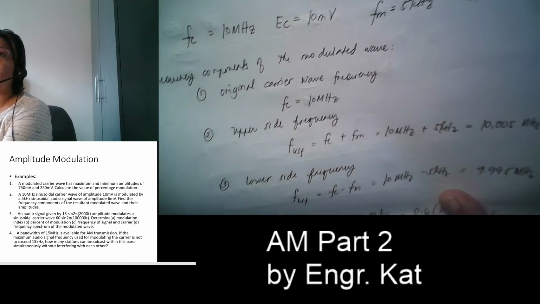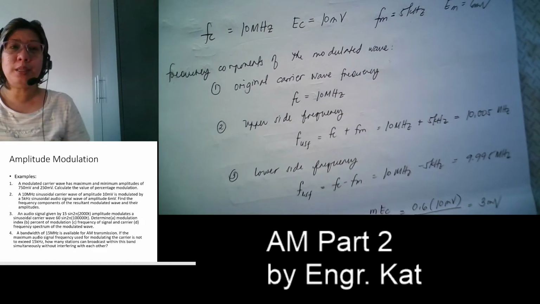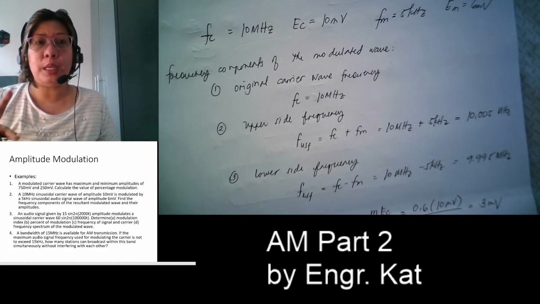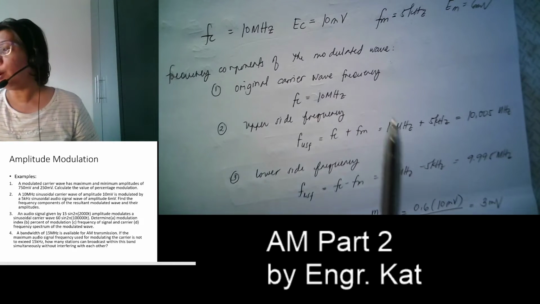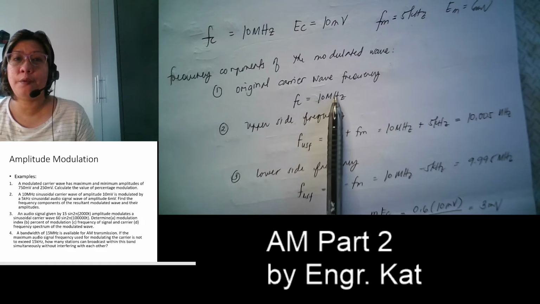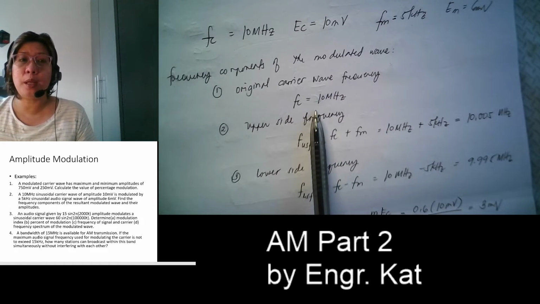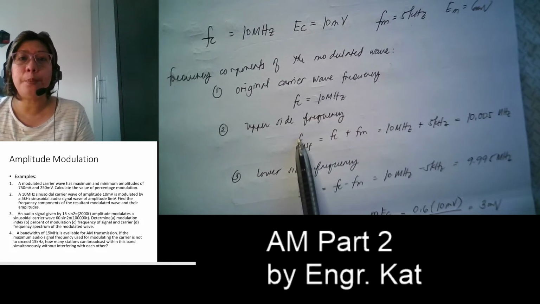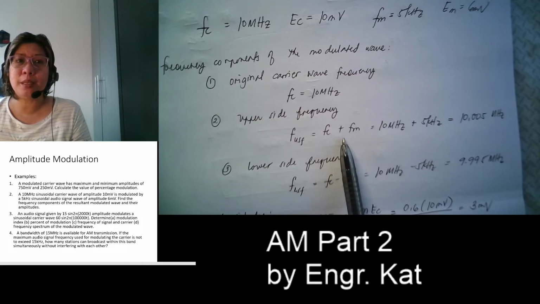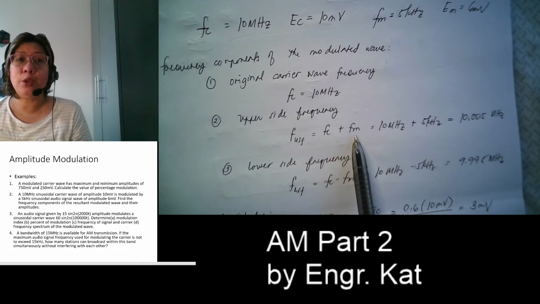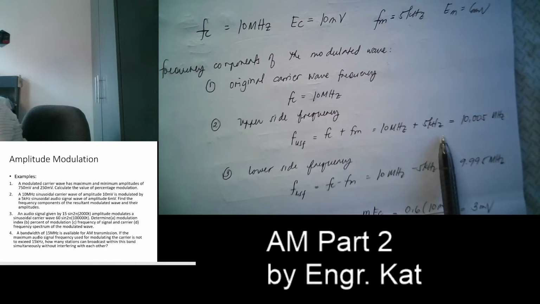Your output waveform consists of three frequency components. What are those three frequency components? You have your original carrier frequency, which is 10 megahertz. Then you have your upper side frequency, which is simply the sum of your carrier and your modulating frequency.